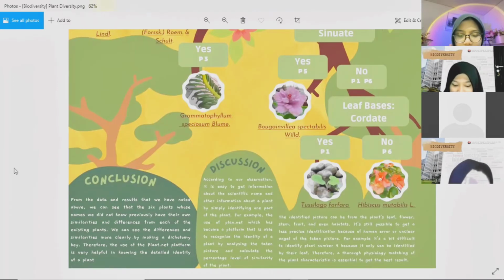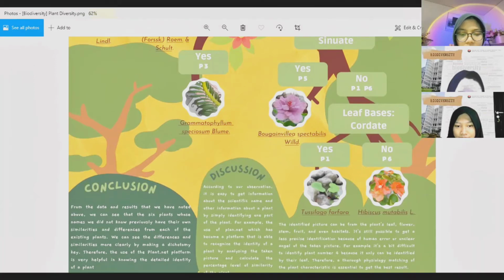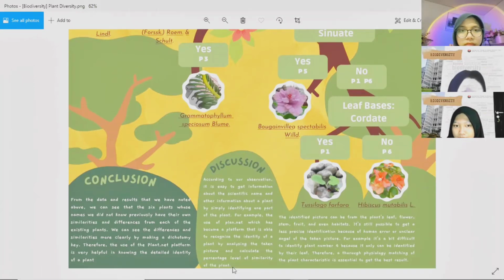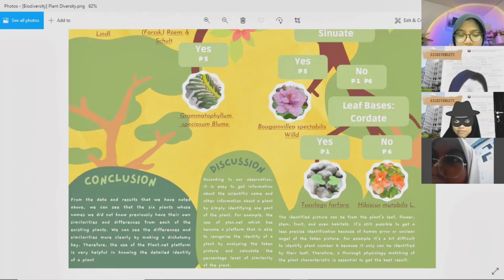Discussion. According to our observation, it is easy to get information about the scientific name and other information about a plant by simply identifying one part of the plant. For example, the use of Plant.net, which has become a platform that is able to recognize the identity of a plant by analyzing the taken picture and calculating the percentage level of similarity of the plant.